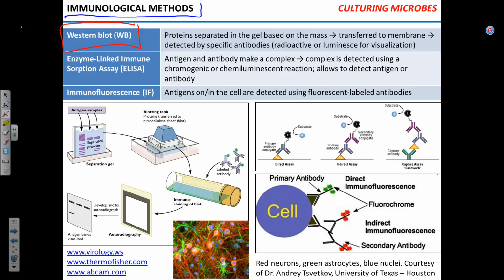Which molecule carries the most structural functions in the cell? Protein. It's protein, right? So a lot of protein, and there are a bunch of different proteins. Okay? So you can take the cell and break it in pieces, and it's going to be just a bunch of proteins. Like you can take a human and chop it in pieces, and you can have ears on one side and hands on another. Okay?